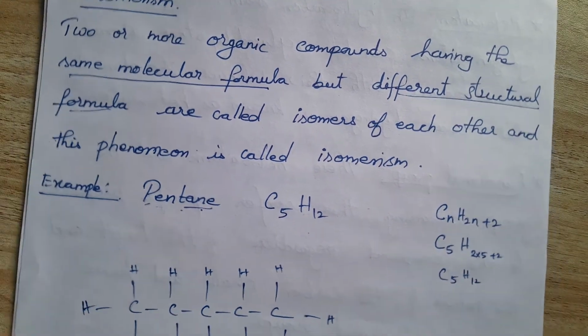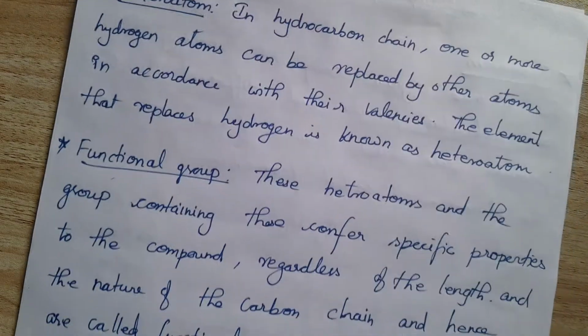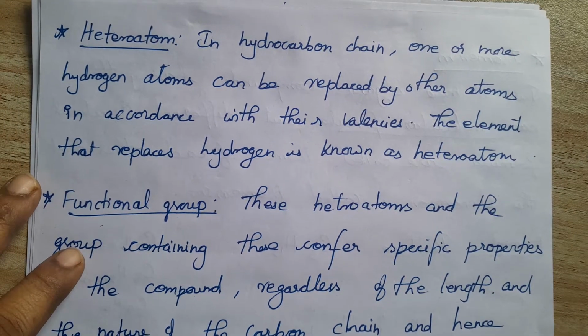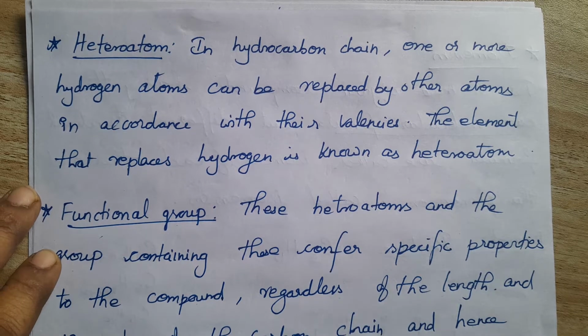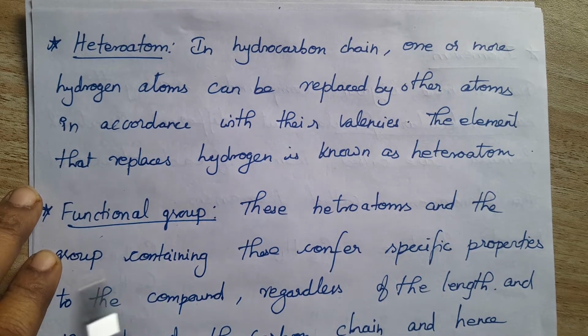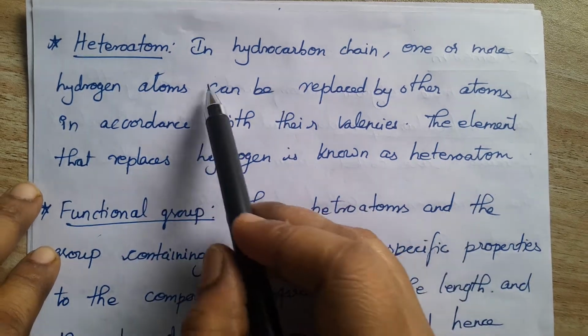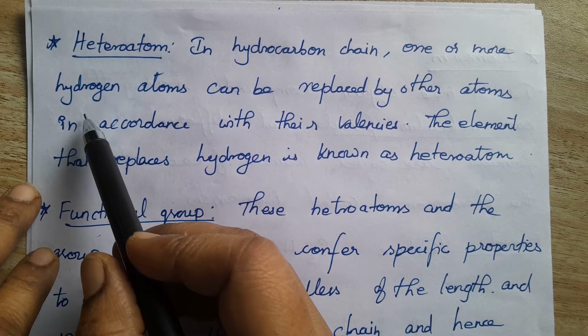Okay, next one is heteroatom. What is meant by heteroatom? Usually in organic compounds we are seeing carbon to hydrogen bonding only, right? In a hydrocarbon chain, many hydrogen atoms are connected to the ends, right?